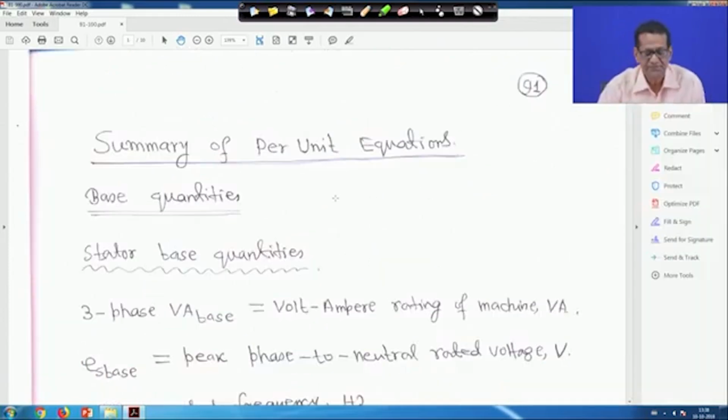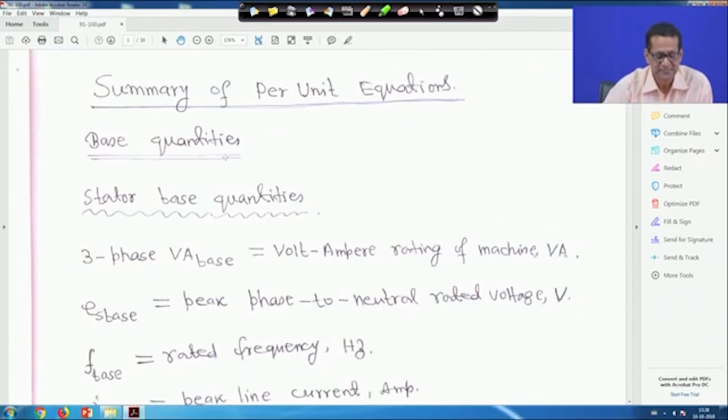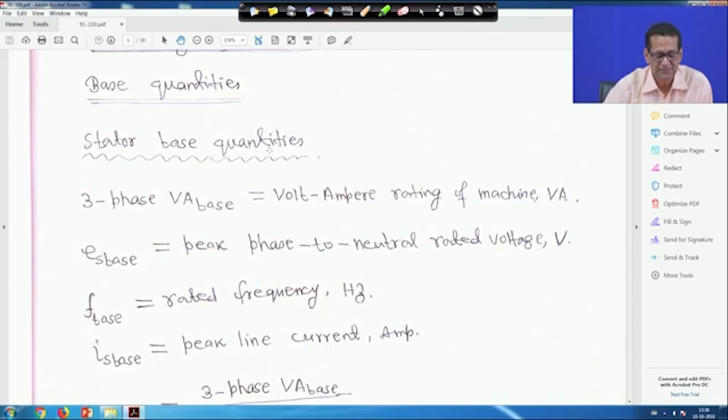So with this, now a summary of the per unit equations. Base quantities: stator base quantities. Three phase volt ampere base is equal to the volt ampere rating of the machine.